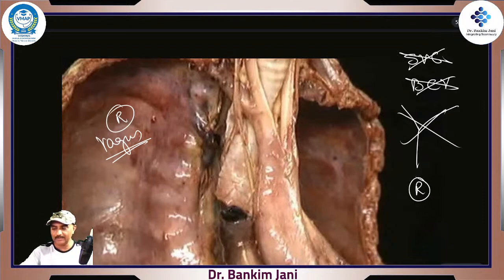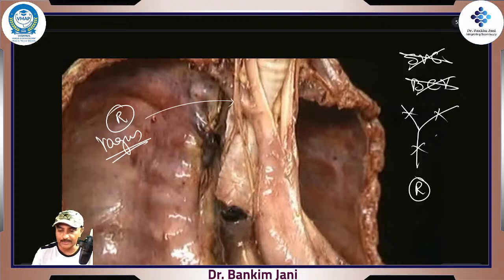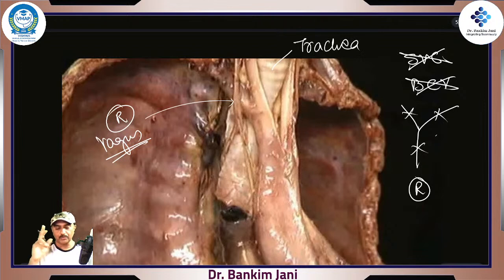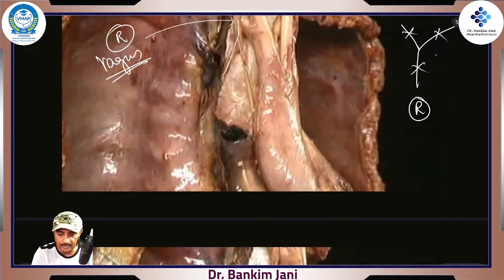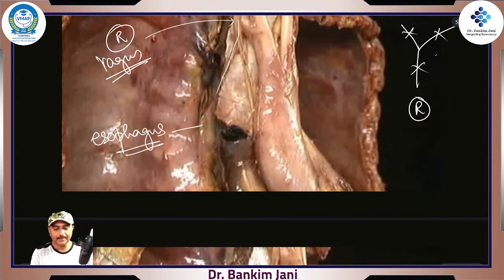So we removed the entire one, right? Now the picture is clear. This one is the right vagus, and this one is the trachea. Now this vagus is going down, and here it is the esophagus.